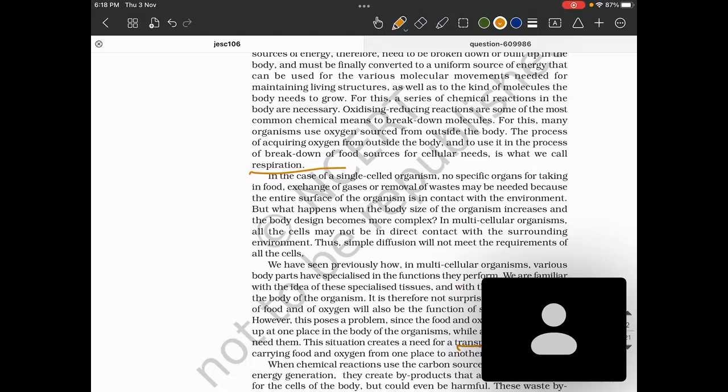Then it reaches the heart, which pumps it, and every cell receives oxygen. Cells utilize oxygen to break down glucose, and all cellular activities are done with the help of this oxygen. Finally the waste is produced.